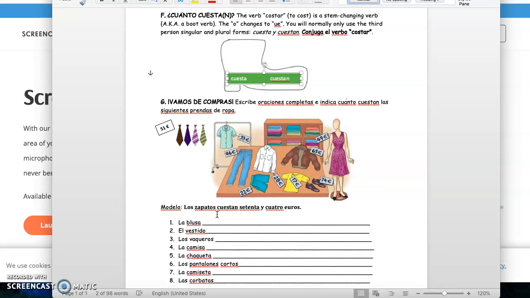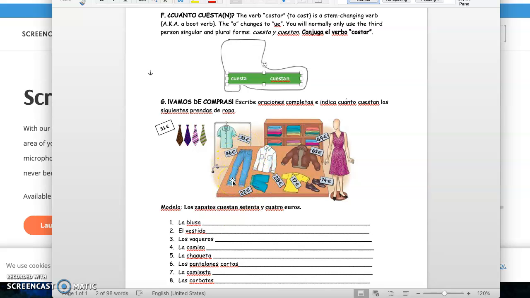Let's go through and pronounce the nouns, and I will also give you the verb that you'll be using, which form, either cuesta or cuestan. Por favor, conmigo. Repeat after me. Clase. La blusa cuesta. El vestido cuesta. Los vaqueros cuestan.